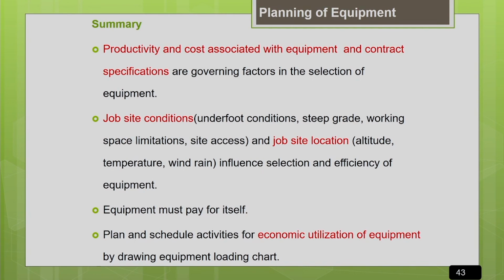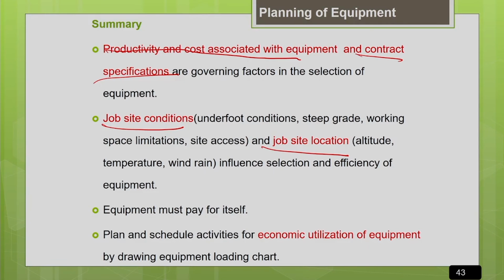Let me summarize whatever we discussed in this first lecture on planning of equipment. We discussed the different equipment selection factors, and we found that the productivity and the cost associated with the machine and the contract specifications are the important guidelines in the selection of the machine. Apart from that, your job site conditions and the job site location also will influence the selection of the machine to a greater extent.